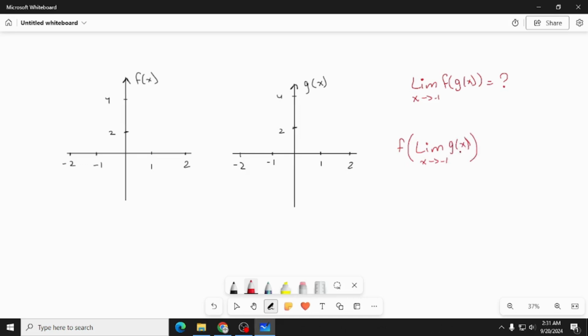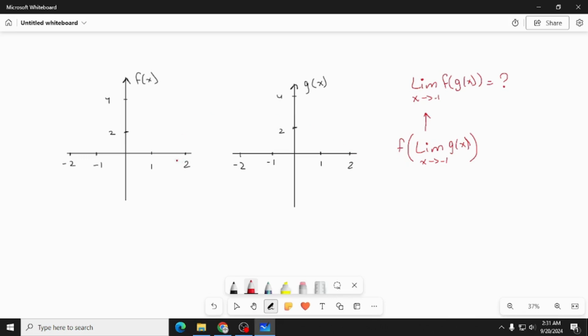And that is the solution. That's pretty much all the solution for this whole question. First, we calculate the limit as x approaches -1 of the inner function g of x, and then we take that value and put it into the f function to get the definite answer.